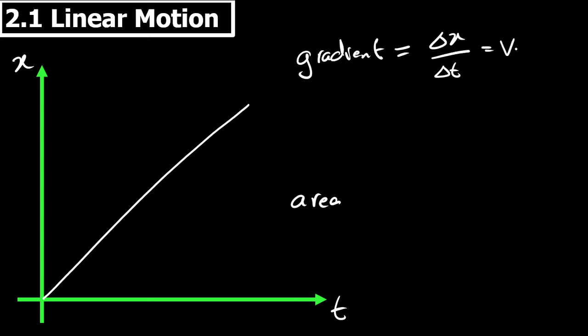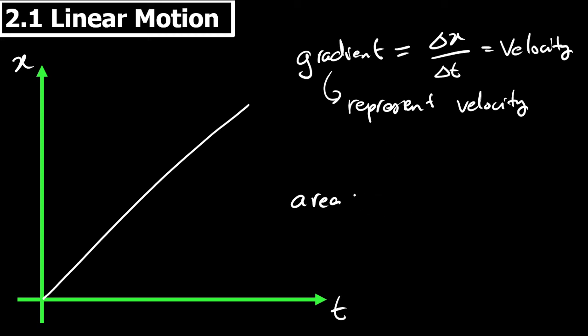Again we ask ourselves, what is the gradient, and what is the area under the graph, what do they represent? So the gradient will be delta x over delta t, which is velocity. So the gradient of the graph represents velocity.